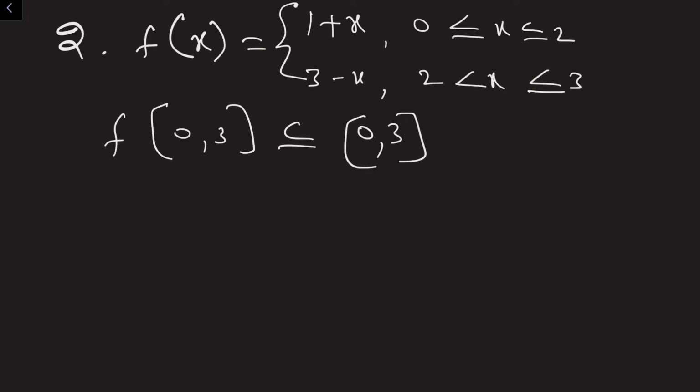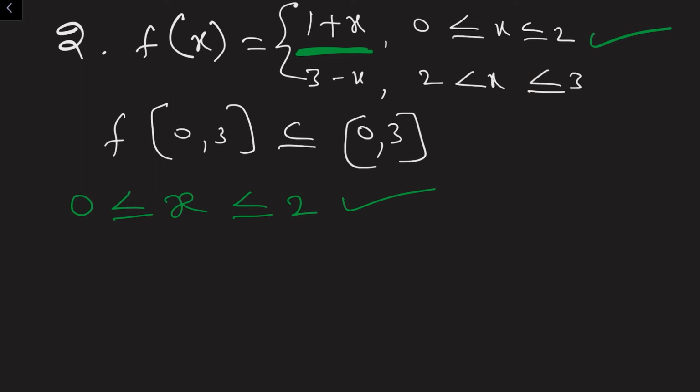So for that, what I will do, first I will take this condition, that is 0 less than or equal to x less than or equal to 2. Now here the statement is 1 plus x. So to get that 1 plus x, for this inequality I will add 1.